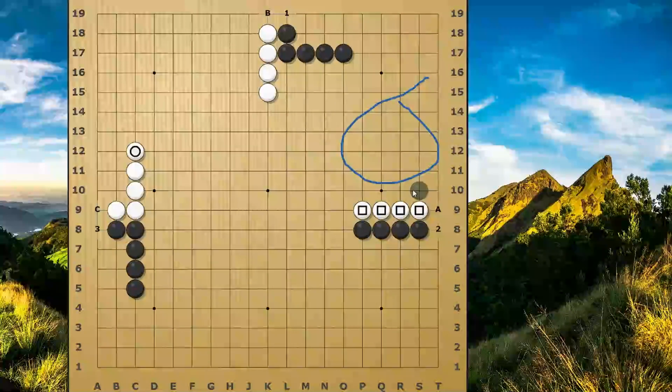So the general recommendation is, play the sente moves first. That way it's not too bad if you miscount. So, an important question though, what does sente mean and what does gote mean?